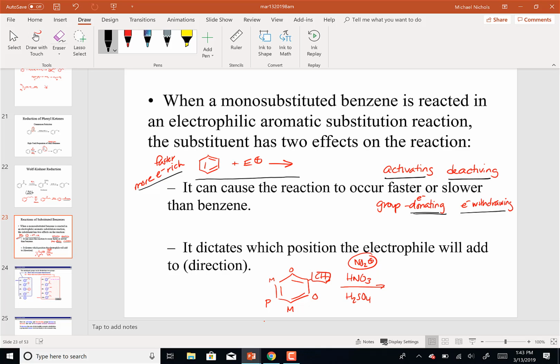Now what's equally important and hopefully related is if you have a group on the ring already and you're going to add an electrophile to it. So in this case, let's say I write toluene with the CH3 and I'm going to add to that HNO3 with H2SO4. The first thing I need to do is look at these reagents and figure out what the E plus is.